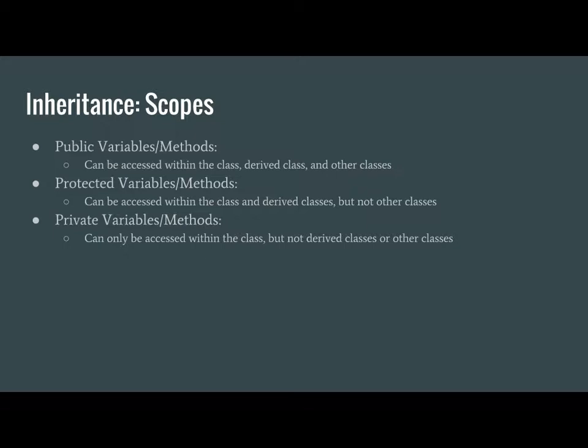Public variables and methods are accessible not only in the class itself, but also in other classes and the classes derived from it. For protected variables and methods, only classes derived from it and the class itself can access them. And private variables and methods can be accessed only within the class.